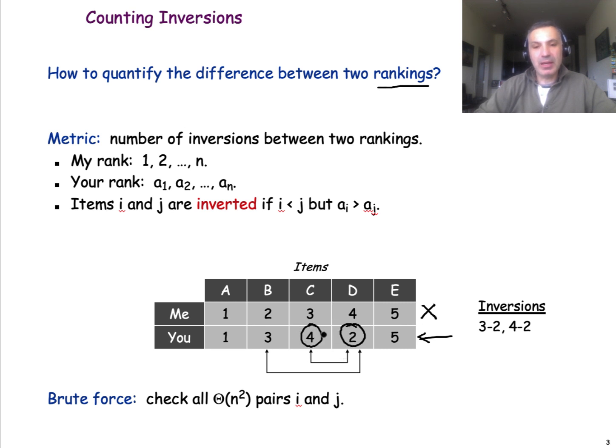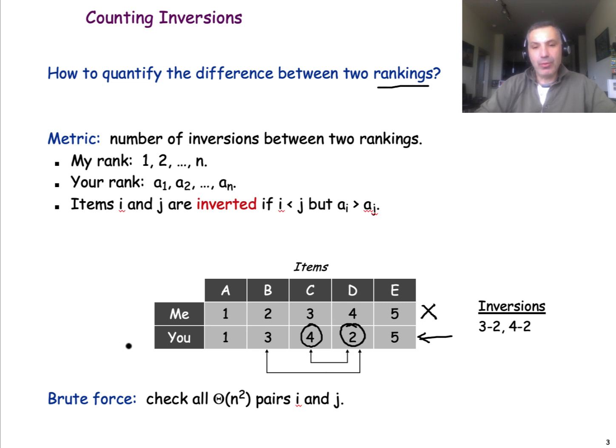The item C here, for instance, appears before item D, which means that according to my ranking, item C has a lower rank number, 3 versus 4, but according to your ranking, item C has a higher rank number than item D. So this is something that we call an inversion. This represents one instance of a difference between your ranking and my ranking.